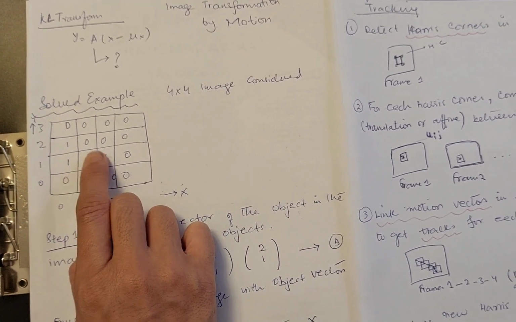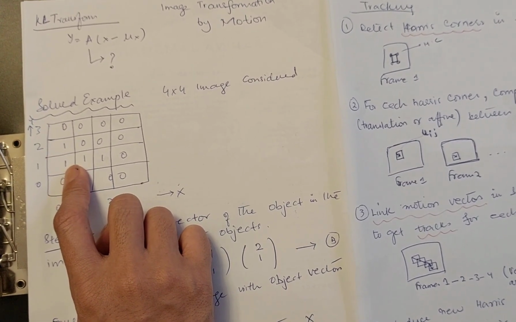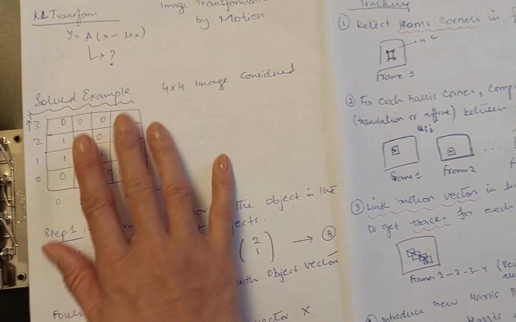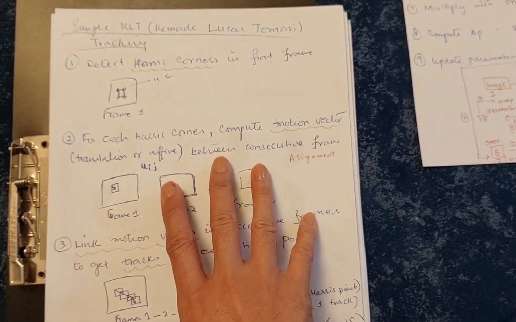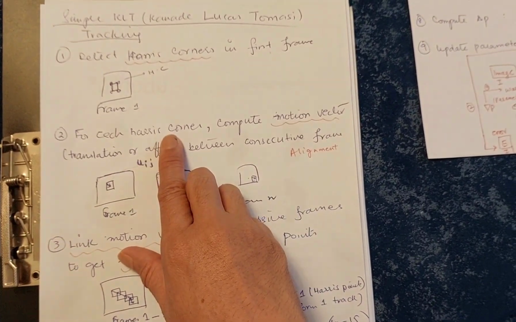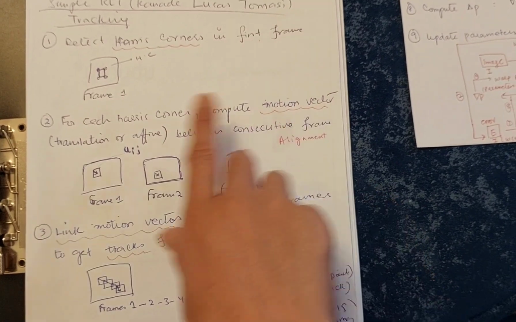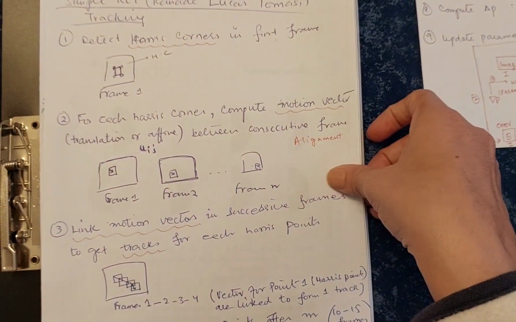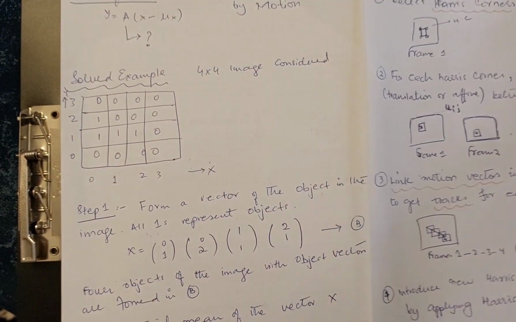You can imagine that I have placed Harris corners on all of these objects, so these are already my Harris corners. The second step says that for each Harris corner, you have to compute the motion vectors, the translation or affine motions between consecutive frames. So right now I'm going to compute these motion vectors.